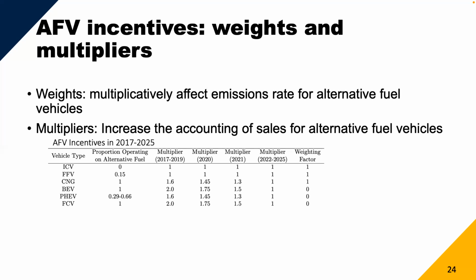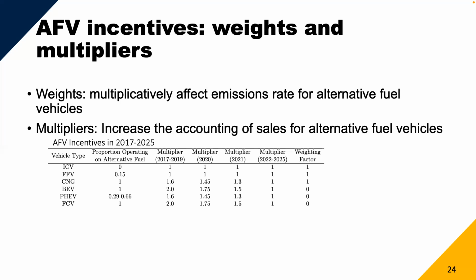So when I do my accounting and my harmonic averages to calculate the average fuel efficiency that Nissan sells, instead of saying I sold 10 Nissan Leafs, it says you sold 20 because you multiply by 2. So it doubles the number of vehicles that you sell just in the accounting part.